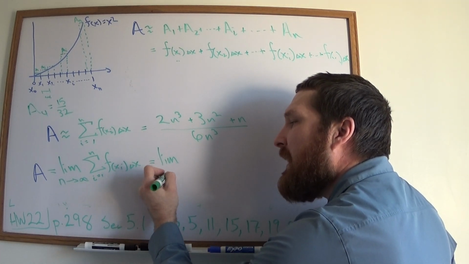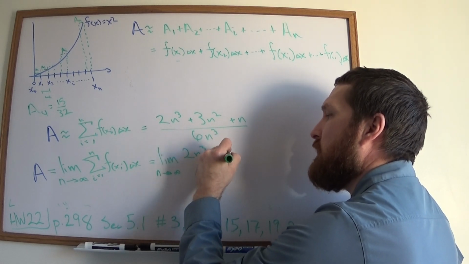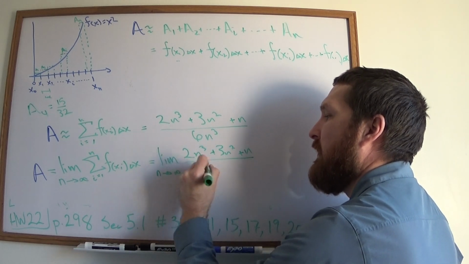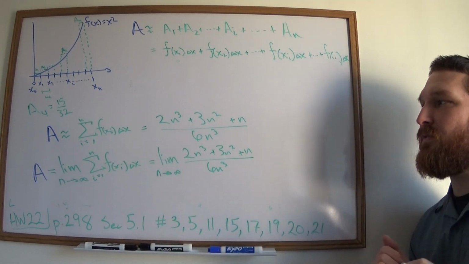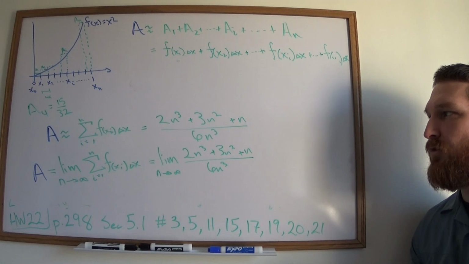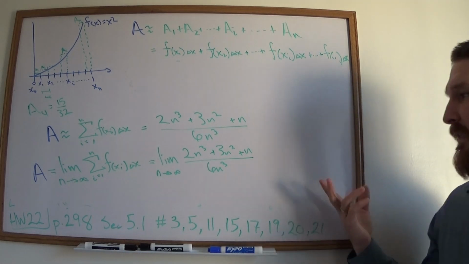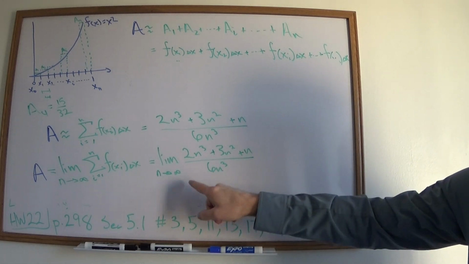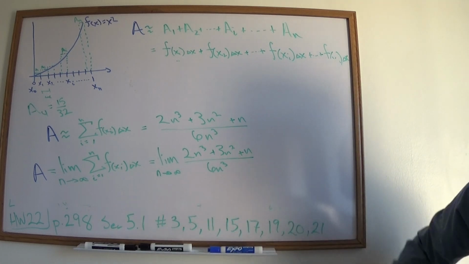The limit as n goes to infinity of 2n cubed plus 3n squared plus n over 6n cubed. Now, yes, we could have factored out the n cubed and we'd get to where we're about to go. But the way I think about this is, n's going to infinity, so that guy's blowing up and that guy's blowing up.